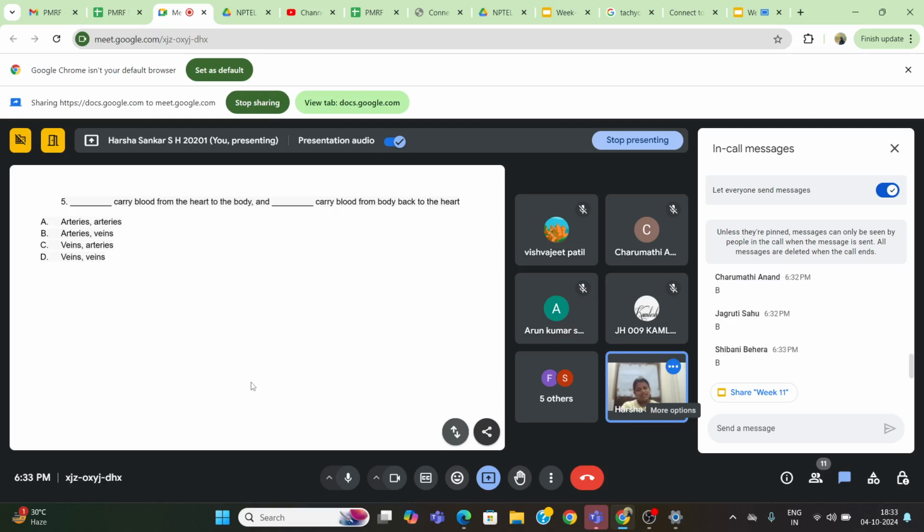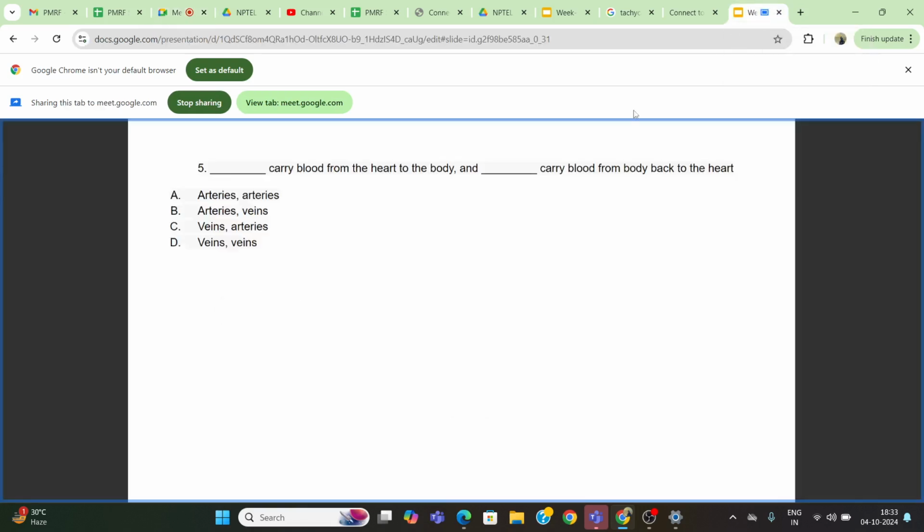Four people answered. Yes, the correct answer is: arteries carry blood from the heart to the different parts of the body. Veins carry the blood from the body back to the heart. So the correct answer is option B. Good. I don't think any explanation is needed for this. We have seen it last week.